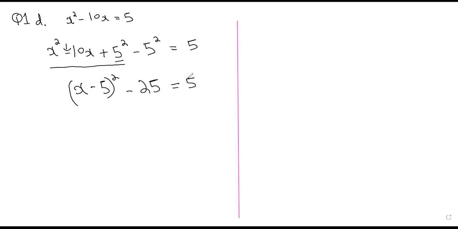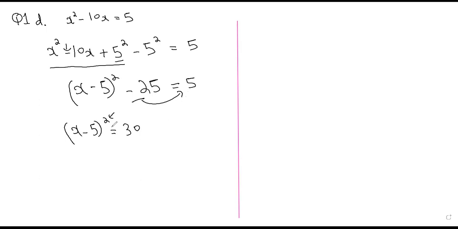The next part is to solve it. Now, how do we solve any equation in the world, even if it's linear, even if it's quadratic? Our end goal, our end target is to make x the subject of the equation. So I am going to take this 25 to the other side. So it would become (x minus 5) squared equals 30.